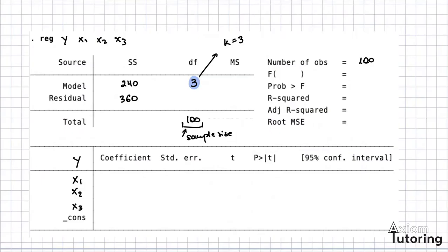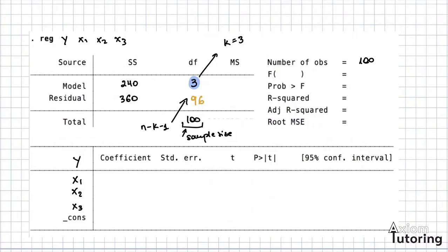Well, the degrees of freedom for the residual was n minus k minus 1. So we can fill that number in by ourselves because it's just going to be 96 in this case. Can we fill in any other numbers based on what we have? And the answer is yes, because we already have everything we need in this table.